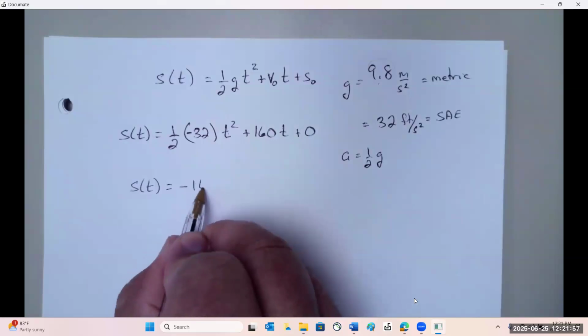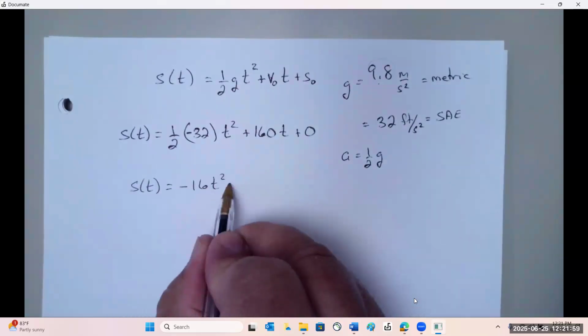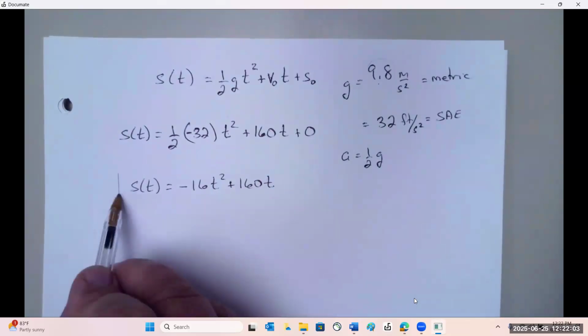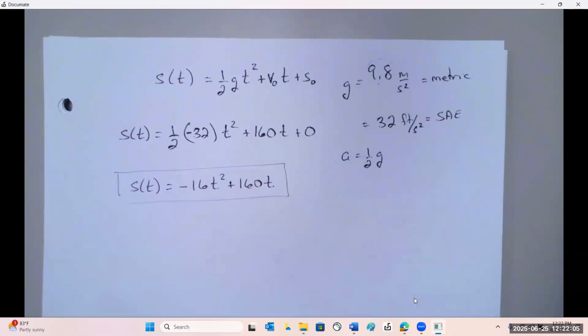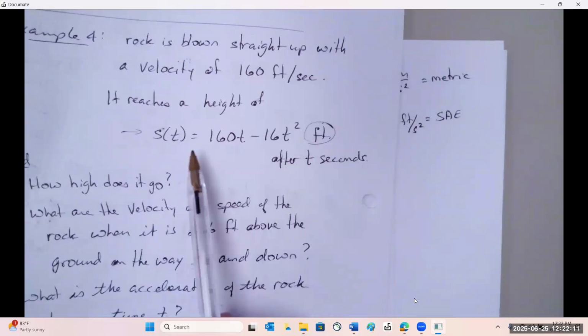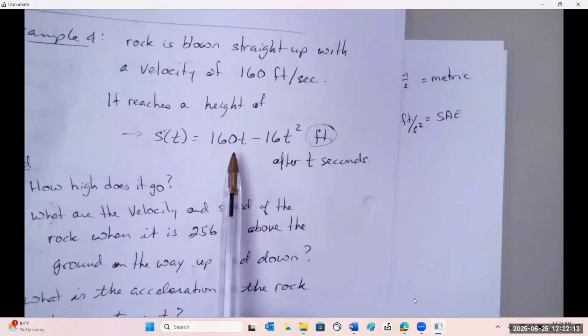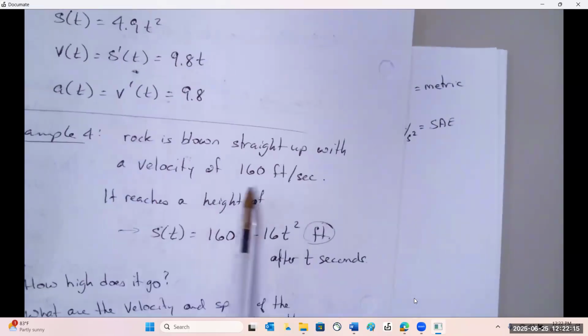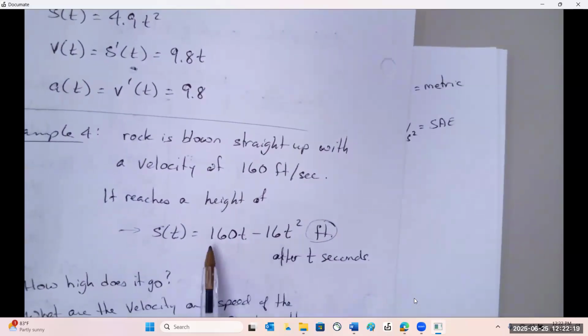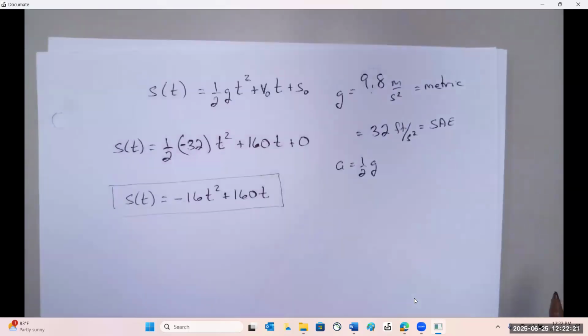So it's negative 16 t squared plus 160 t. That's our position function. That's what it gave us earlier. It didn't have to give us the formula. All it had to do is give us this information and we were done. We could have figured this out ourselves.